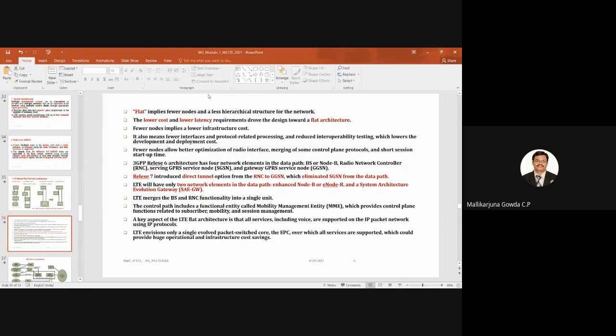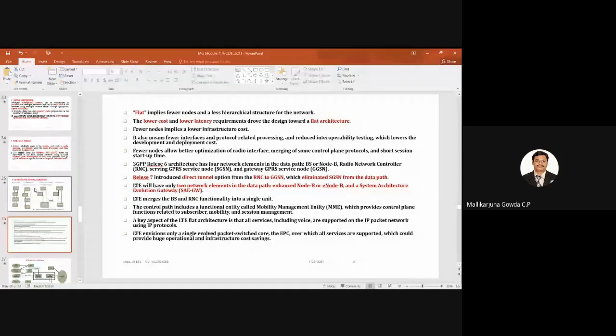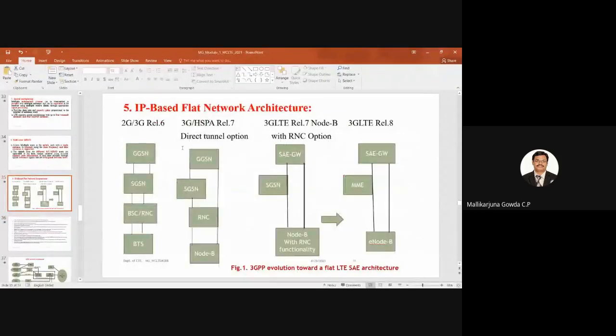Okay, so with respect to the first one, I said now the hierarchy is what? Several mobile stations will come under one BTS. Let us say 100 mobile users will be handled by one particular base transceiver station. Like that, maybe 10 BTSs will be handled by one base station controller.